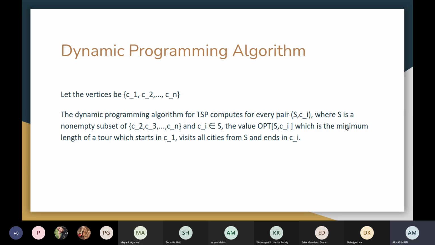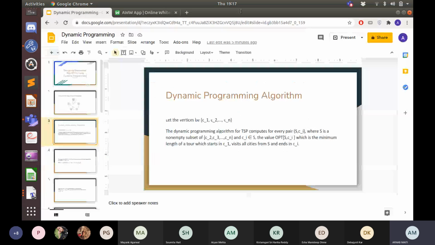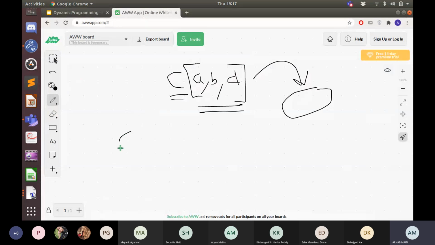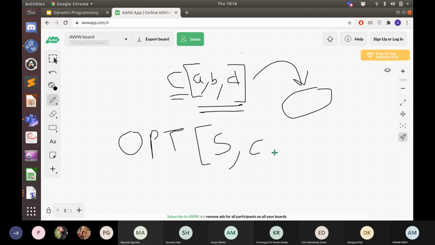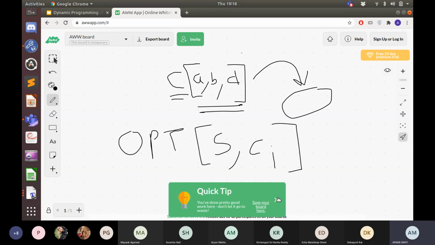And what this OPT(S, Ci) means, let me explain with the help of a diagram here.